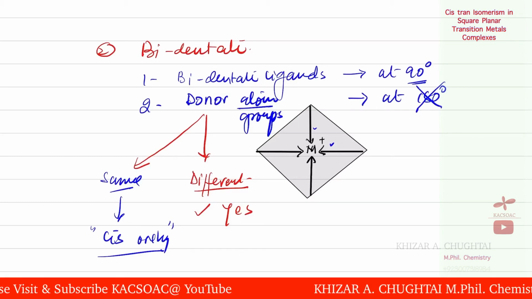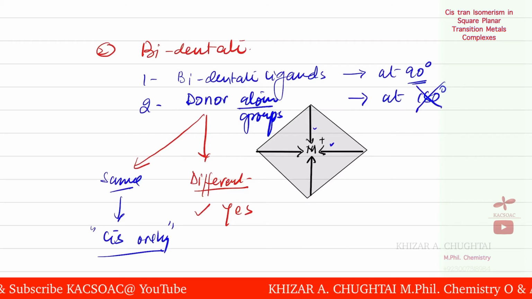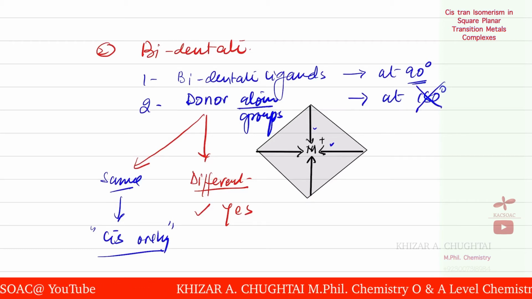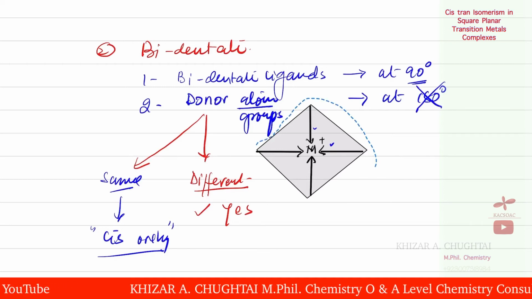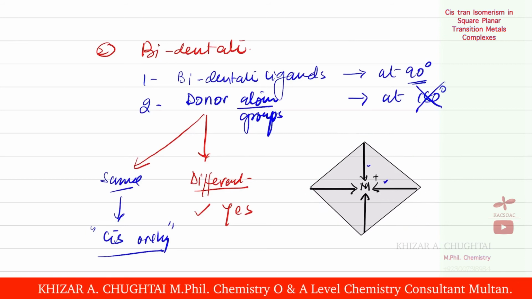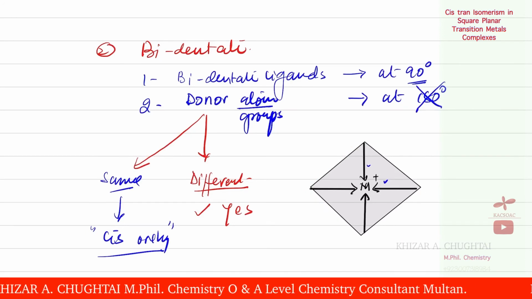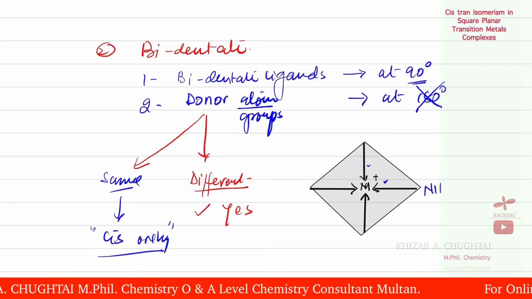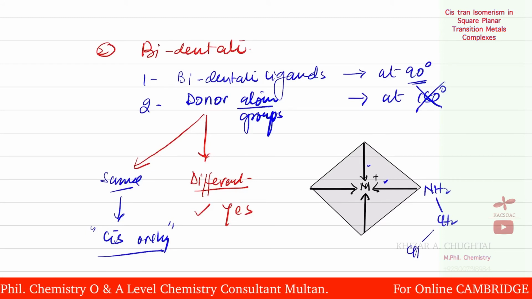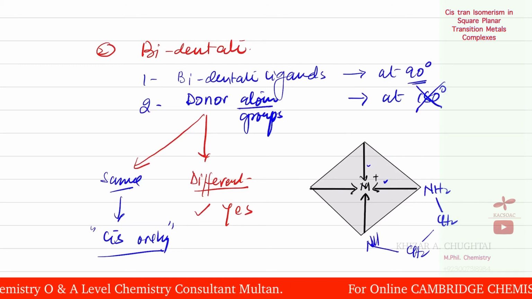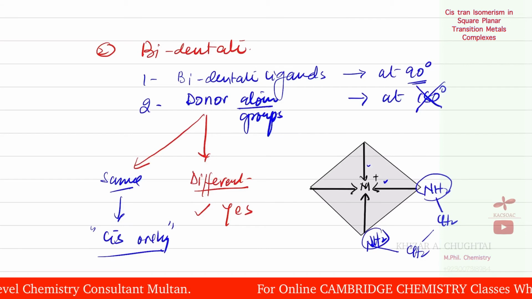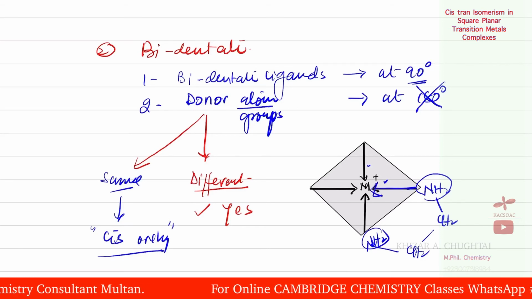These are the basic possibilities. First of all, bidentate ligands make the dative bond at 90 degrees. For example, I'm going to draw over here a bidentate ligand, ethylene diamine: NH2 is a donor group, CH2, CH2, and this is the second NH2. These two NH2 groups make dative bonds to the central metal.